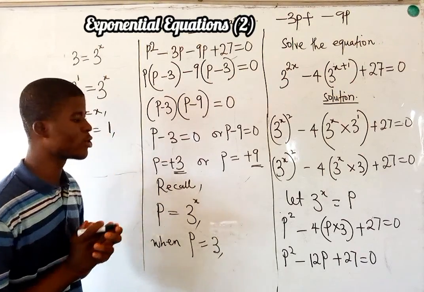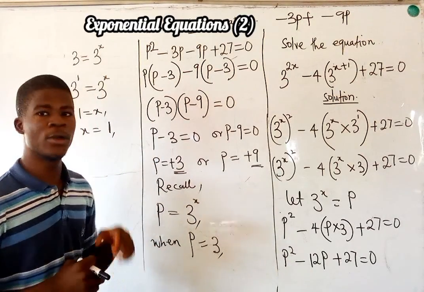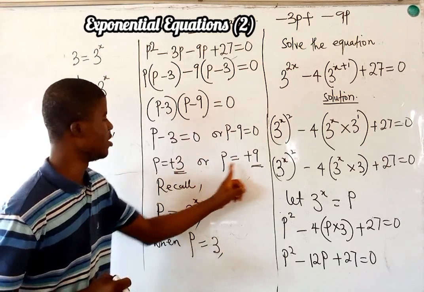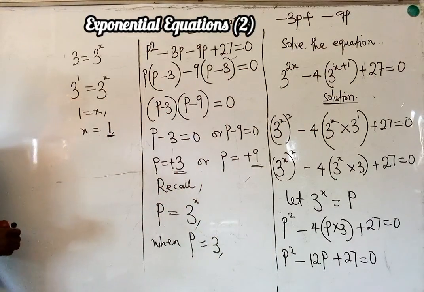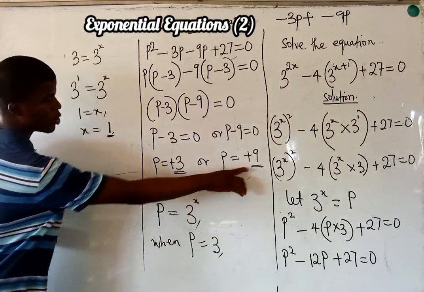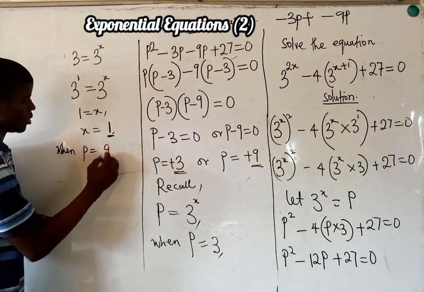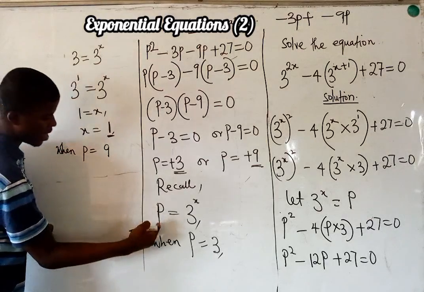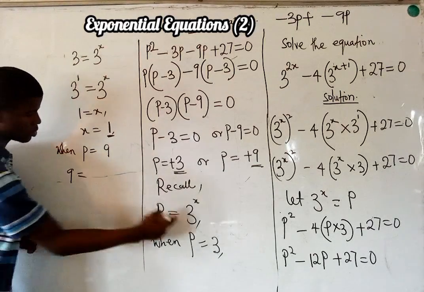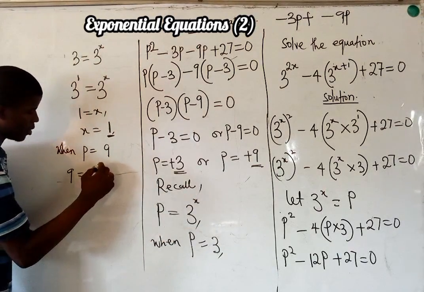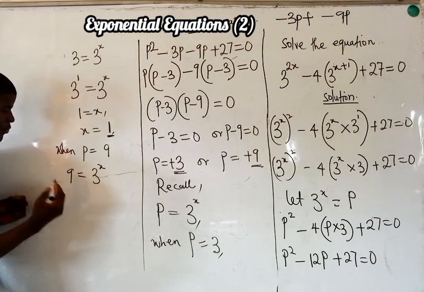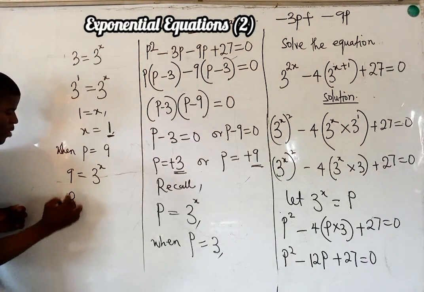So when the value of p is 3, x is 1. Now let's check for the value of x when p is 9. So when p is equal to 9, I have 9 is equal to 3 to the power of x. And you can also attest that 9 is 3 to the power of 2.